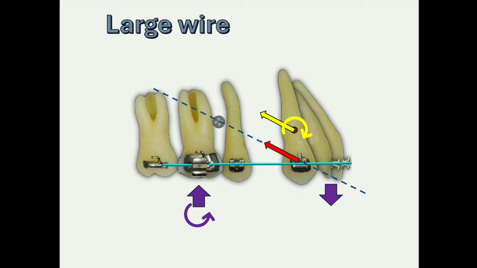To predict the movement of the posterior segment and anterior segment, we have to evaluate the geometry created from the slot of the canine with the slot of the posterior segment and also the anterior segment. To easily imagine, we can see that the posterior segment will intrude and rotate counterclockwise, and the incisors will extrude.